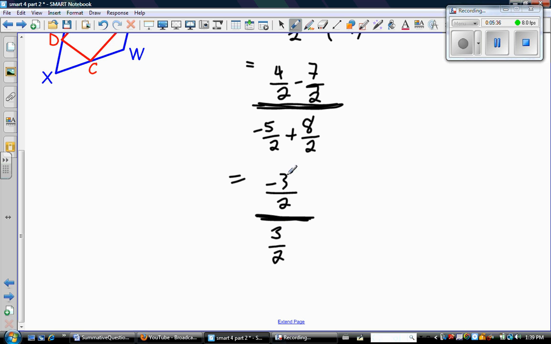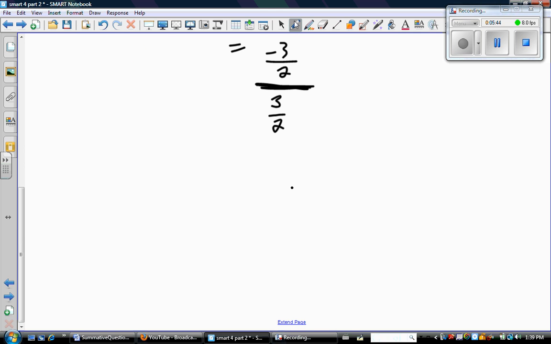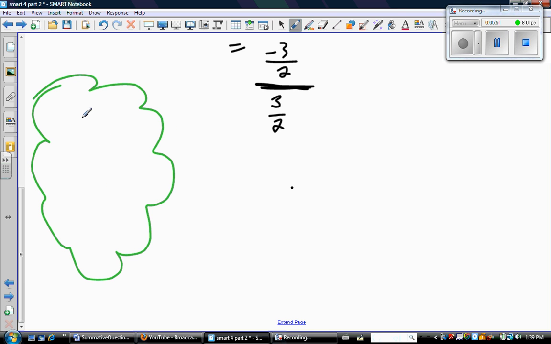So I have negative 3 over 2 over 3 over 2. So, now, you should know what the answer is already. Just in case, let's do a little brain bubble check over here. If I had the fraction negative 6 over 6, what would that simplify to?